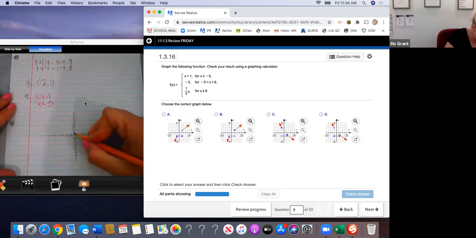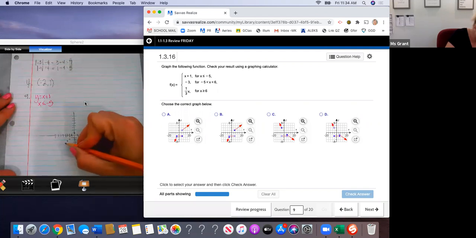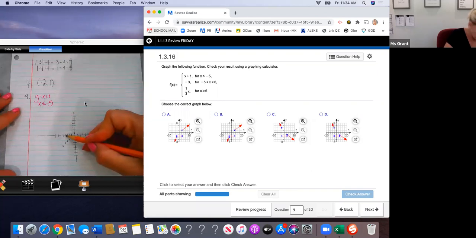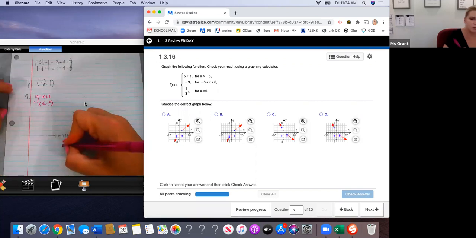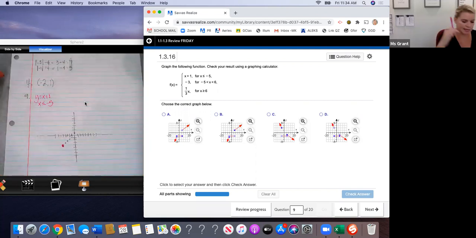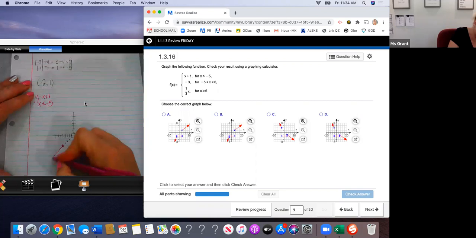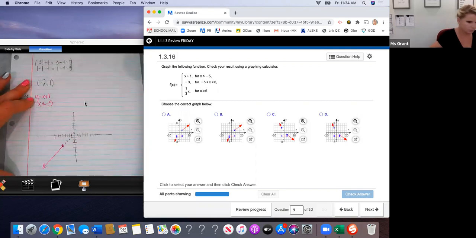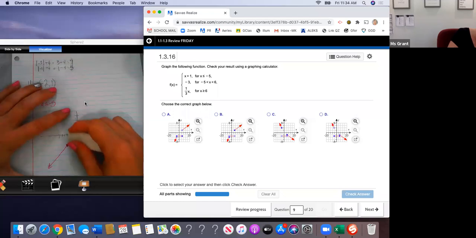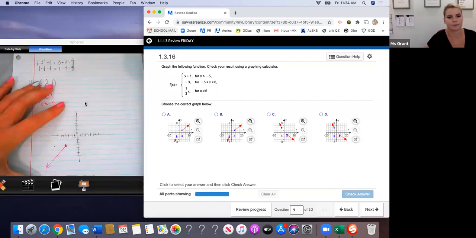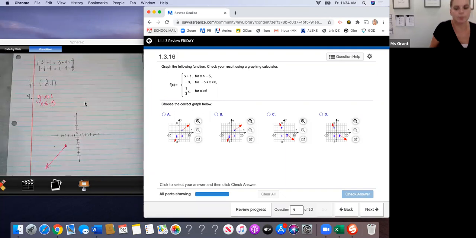So basically, I have to go to -5. Okay. And I'm going to have a closed circle at -5. And it's going to say less than, and it's continuing in this fashion. Downhill line, right? Okay. So that's the first part. That's my pink, X plus 1.